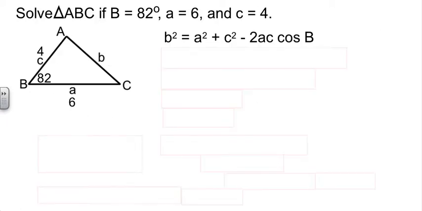For example, here we have this triangle. Angle B is 82 degrees, and we have sides A and C. Since angle B is the one I'm working with, I'm going to use the angle B version of the formula.